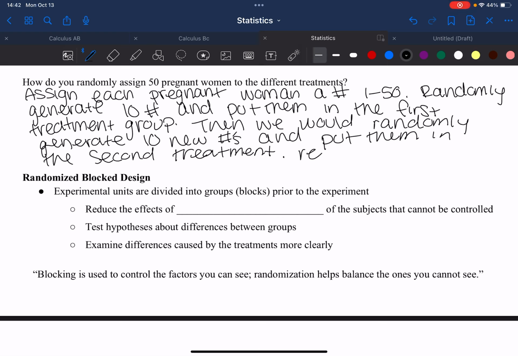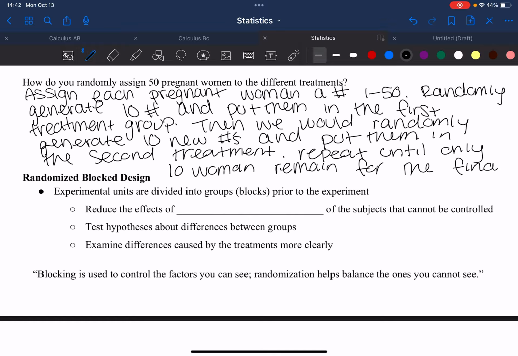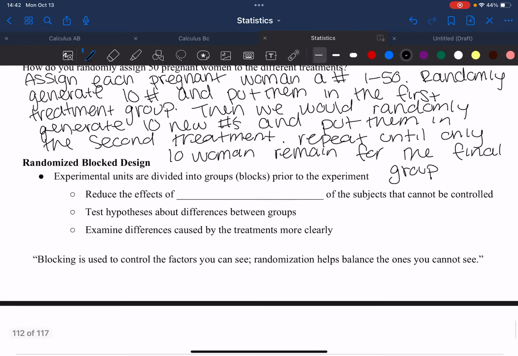Then we would repeat until only 10 women remain for the final group, which is Nordic Naturals.